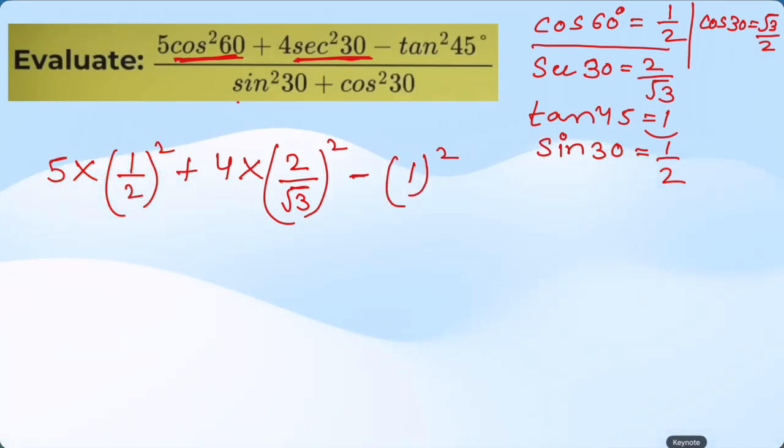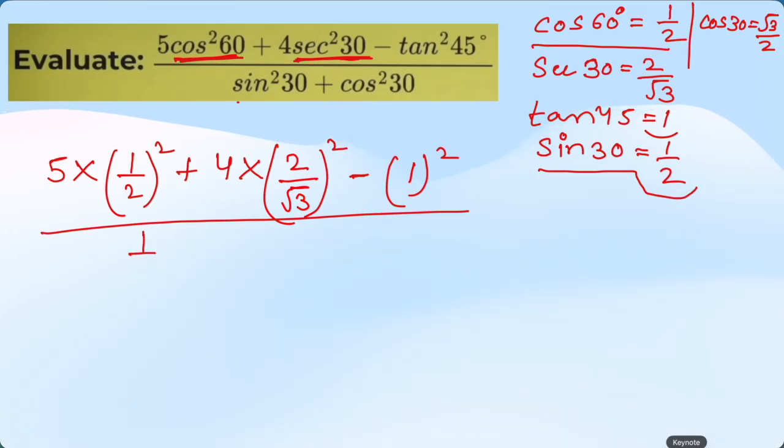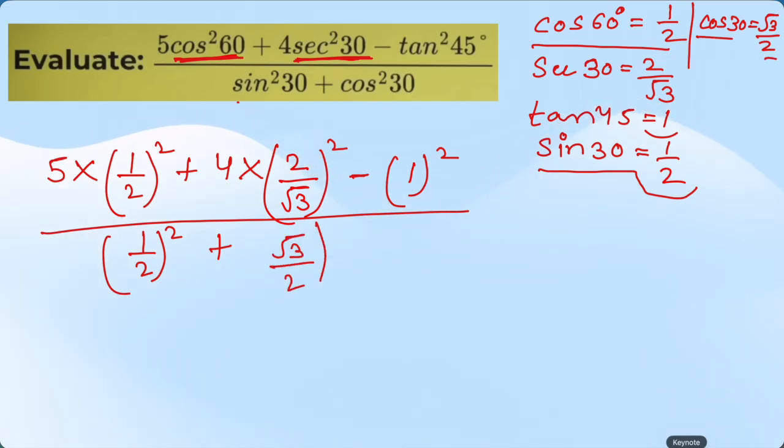Whatever is written, we just put the values according to it. Divided by, what is sin 30? Sin 30 is 1 by 2. So 1 by 2 the whole square. Plus cos square 30. What is cos 30? Root 3 by 2. Root 3 by 2 the whole square. In further classes, we will learn that it is also an identity. But for now, you just have to put the values.